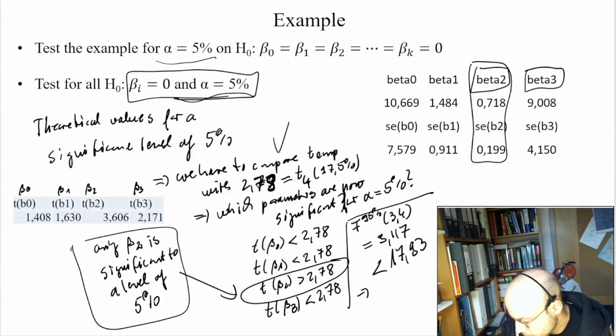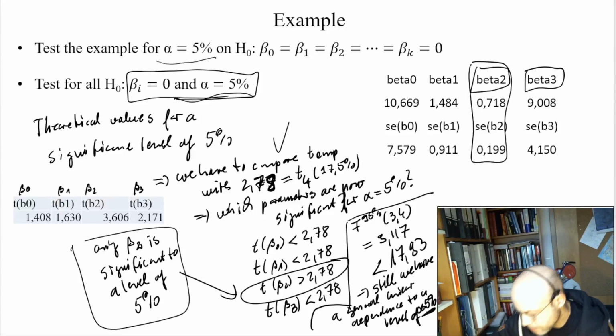So still we have a general linear dependence to a level of alpha equals 5%.